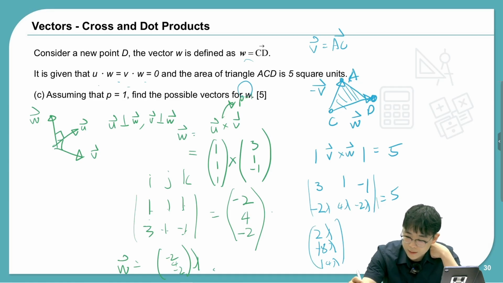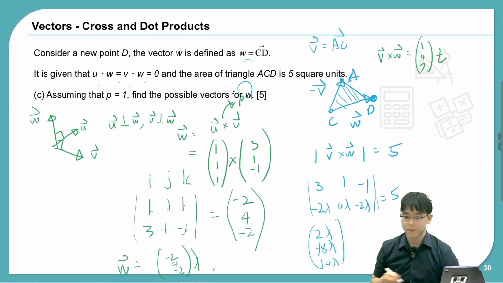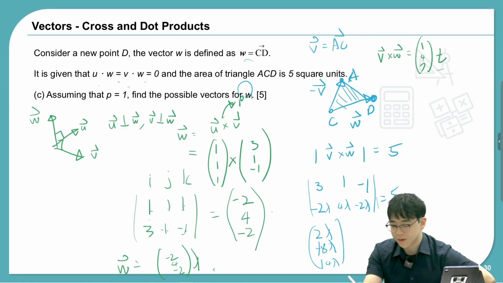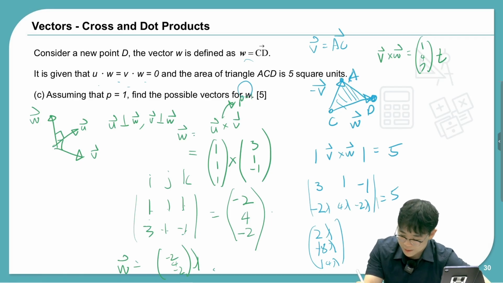So writing this up here, we would get v cross w is going to be 1, 4, 7, times, let's say, T, a new parameter. Whether you have a negative version or not, the T would naturally flip, so it doesn't matter at the end.